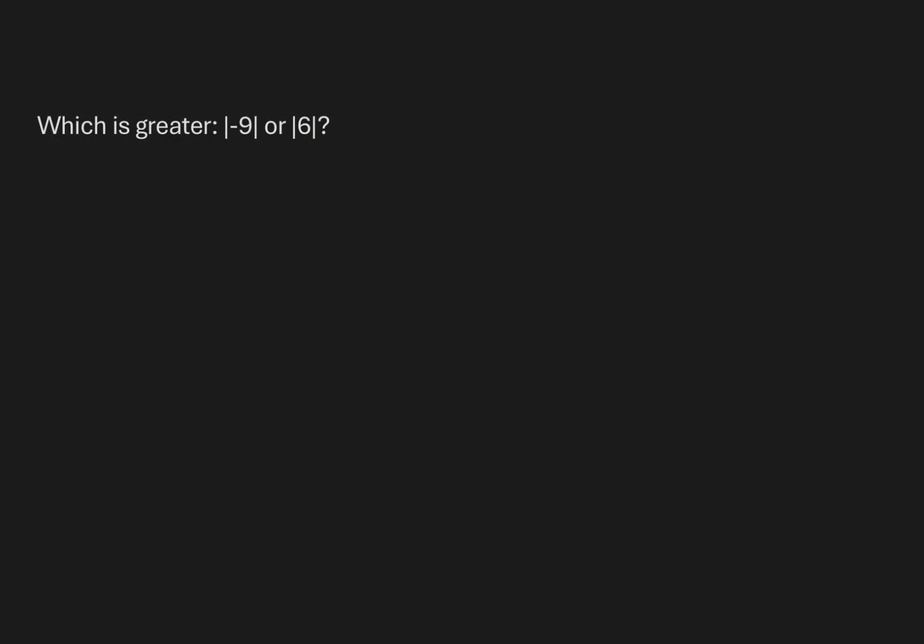Negative 9 is 9 units away from 0, while positive 6 is 6 units away from 0, which means that the absolute value of negative 9 is 9, and the absolute value of positive 6 is 6. We can show this by removing the sign from negative 9, and you'll see that the absolute value of negative 9 is 9, and removing the sign from positive 6, you'll see that the absolute value of positive 6 is 6.